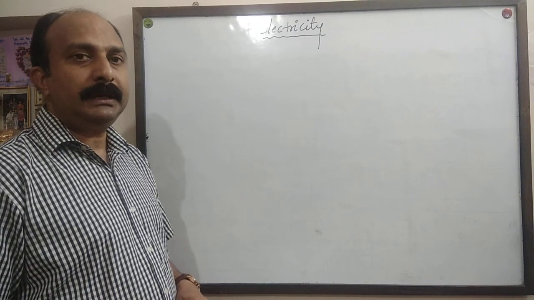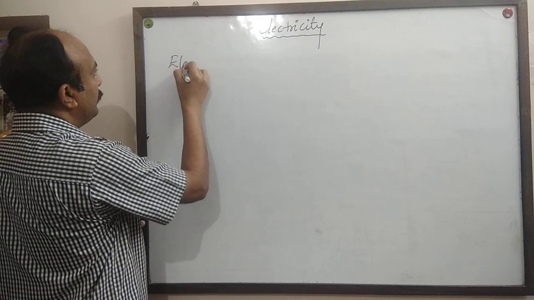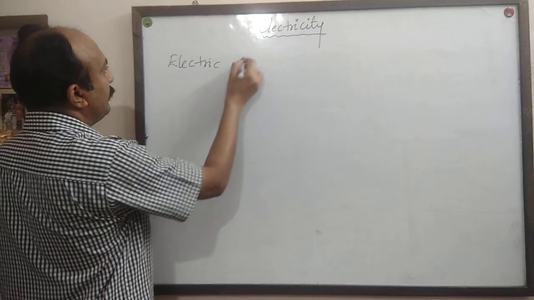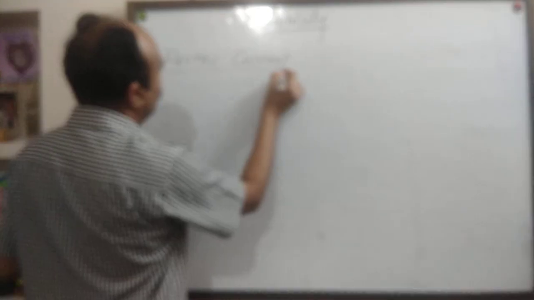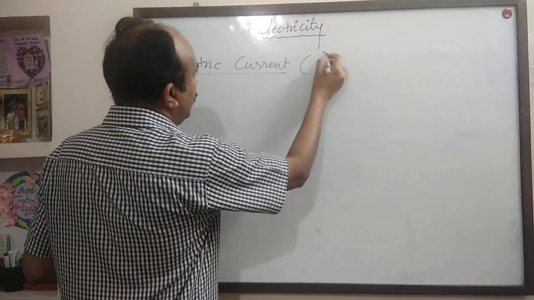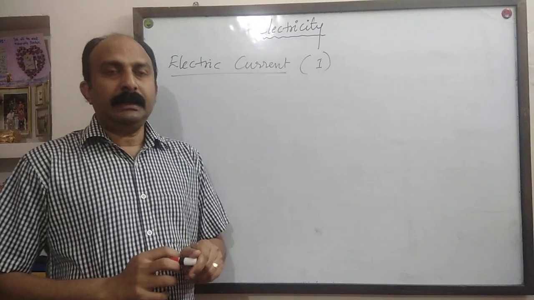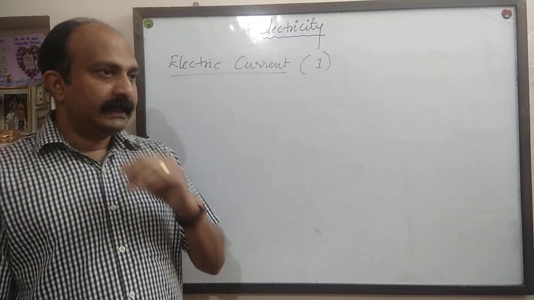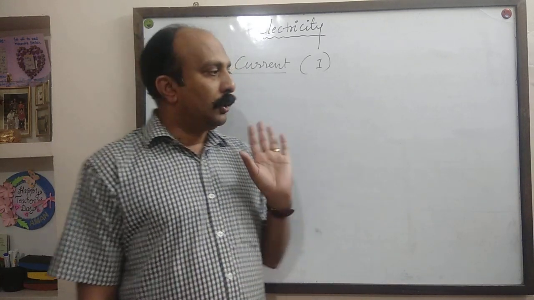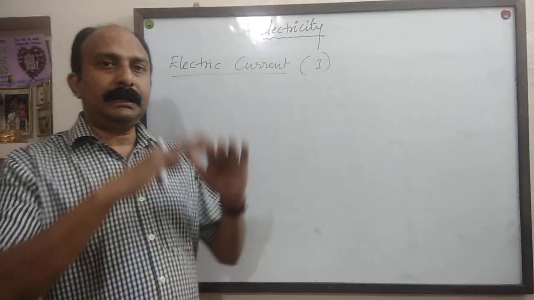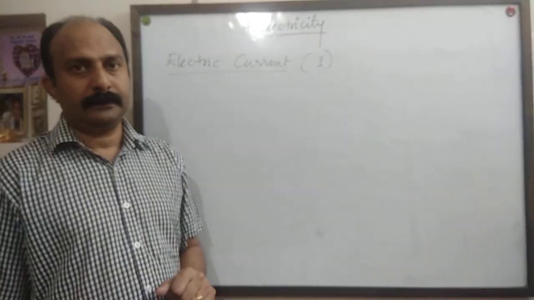Our next topic is electric current. Electric current is represented by capital I. The definition of electric current is the rate of flow of electrons or the rate of flow of electric charge in a circuit is called electric current.